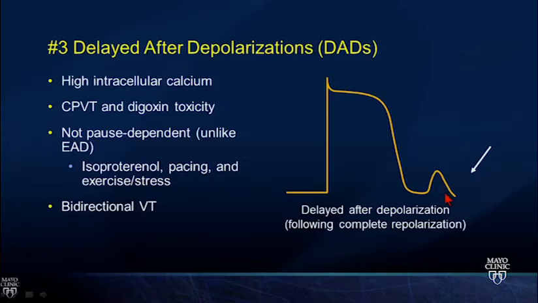And this is the underlying mechanism when you see idiopathic VT, RVOT VT in your case stem. For patients who have delayed after depolarization, isoproterenol, pacing, and exercise stress can actually increase those calcium sparks and increase the burden of arrhythmia.